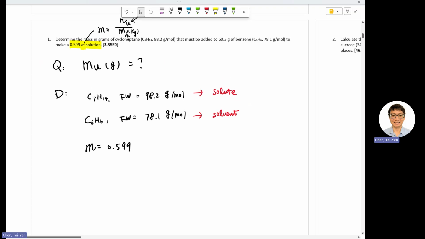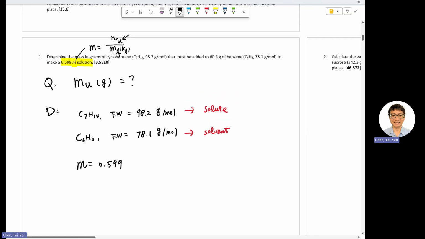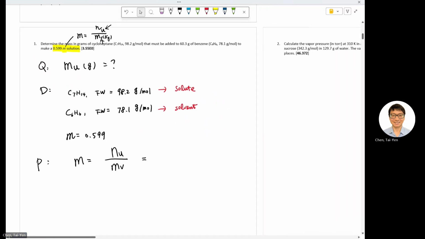With that being said, the next thing will be the plan. We know the molality is going to equal the moles of your solute over the mass of your solvent. Then you check what is already known. Do you know this term?